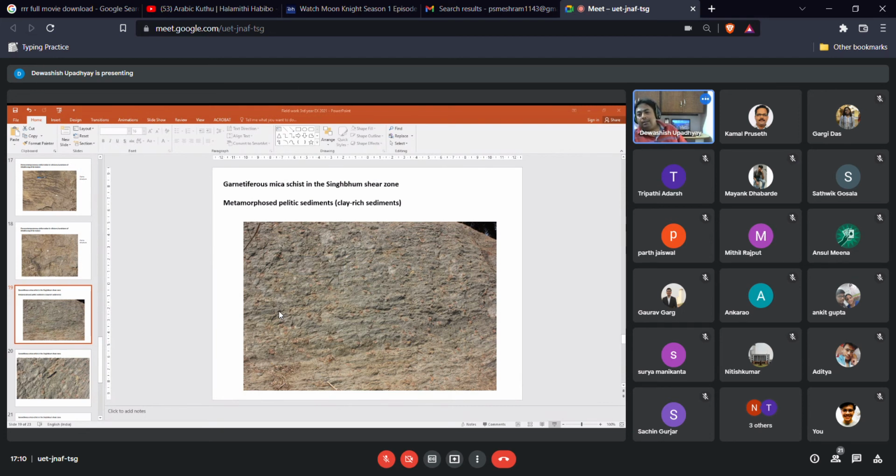Have you heard of garnet? What is it? Don't just say it's a mineral. What kind of mineral is garnet? Silicate, great. What kind of silicate?